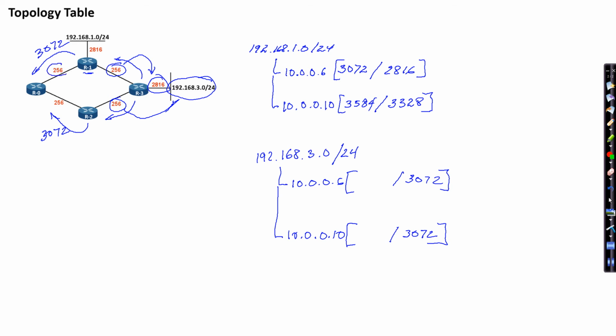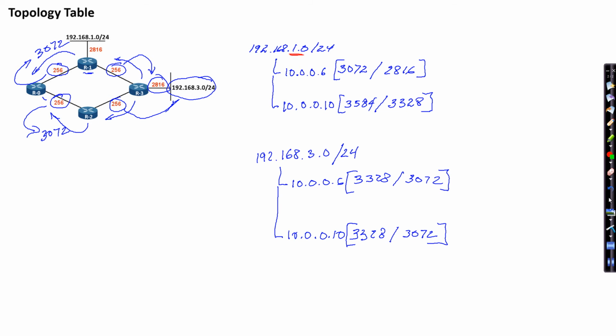Router 0 will then take the 256 here and add to the advertised distance of router 1, and the number is 3328. Same thing from router 2. Router 0 takes 256, adds to this advertised distance, and the number is 3328. Next, router 0 will find which is the fastest way to get to the remote networks.